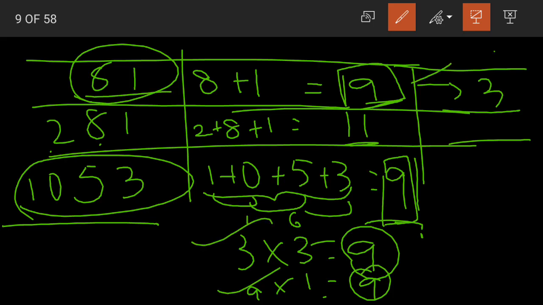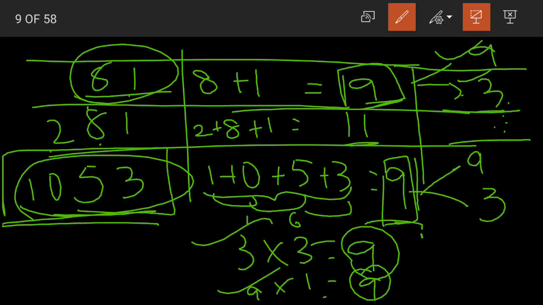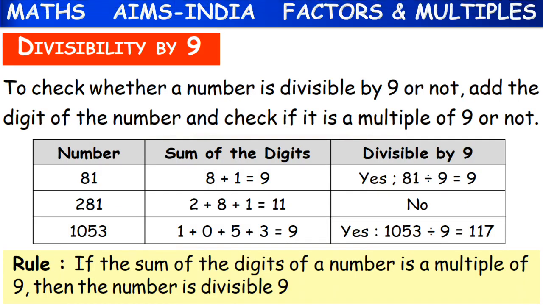That the number 81 is divisible by both 3 and 9. In the same way, as again here 9 is a multiple of both 9 and 3, the number 1053 is divisible by both 9 and 3. Understood, children? The divisibility rules of 3 and 9.